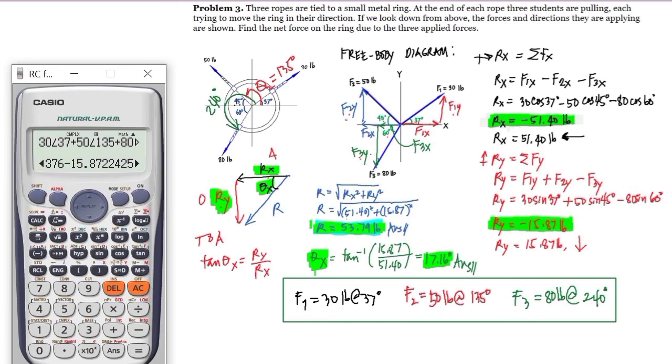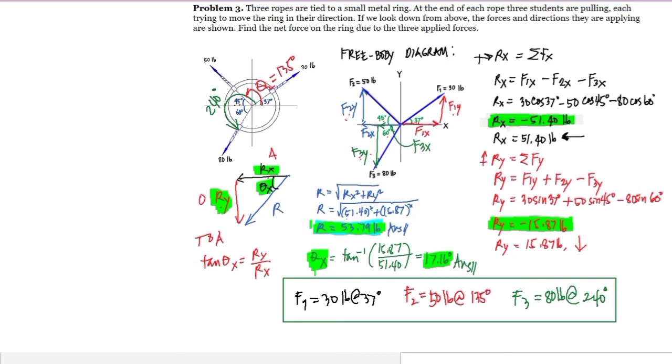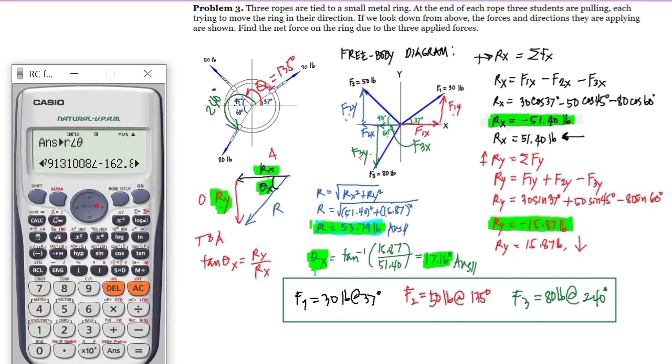Now, if we are going to compute for the resultant, we have to press shift 2 and then polar, that's 3, equals. So we have here 53.79. That 53.79 is your resultant. And the direction here is negative 162.84.